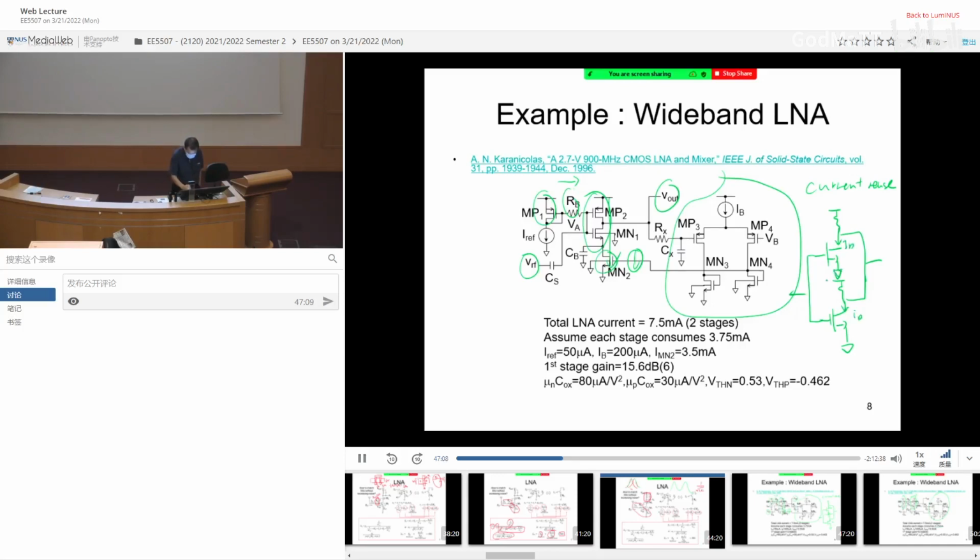Now this is ground, this circuit is actually separated. So you can create two common source amplifiers, but you have to consume 2 times the current. But what this guy is doing is just a simple usage of PMOS and NMOS. We are able to create 2 common source amplifier stages by reusing the same current.